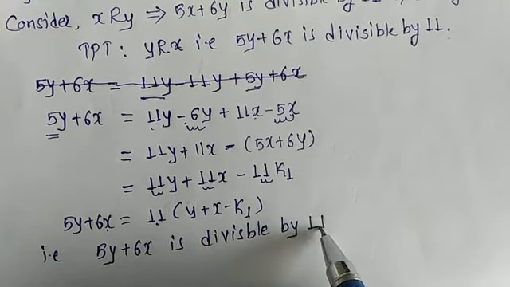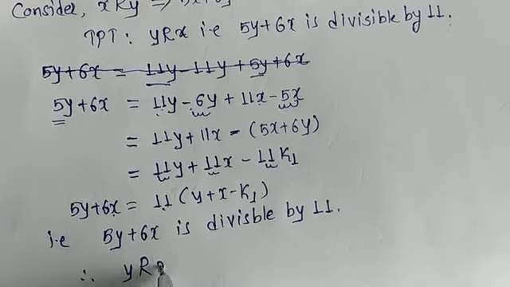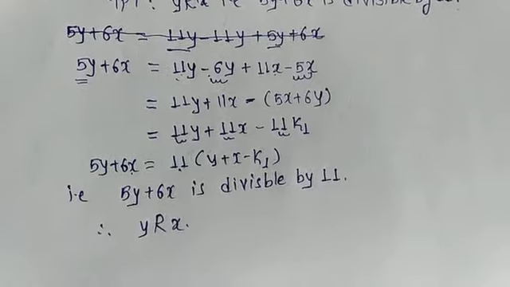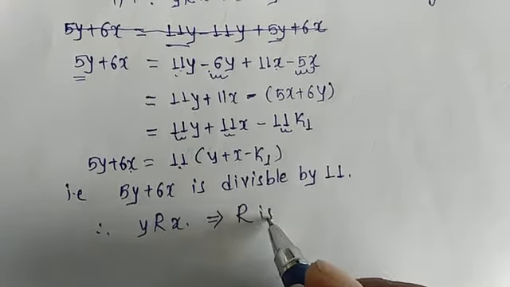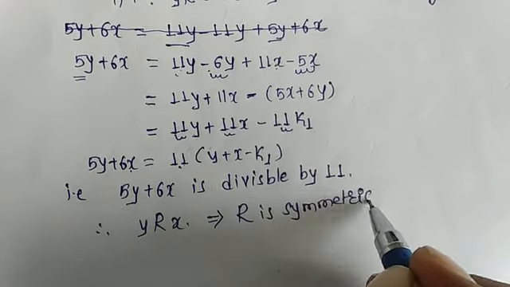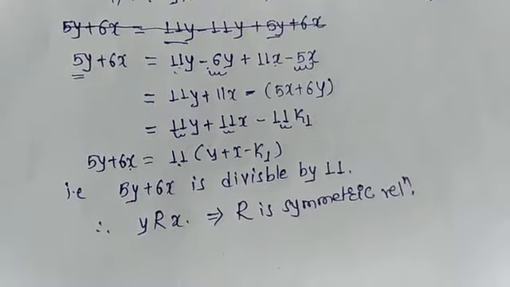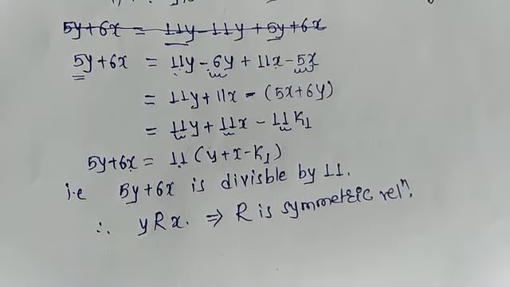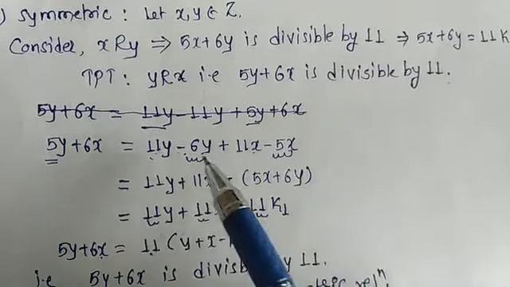Therefore we can say that y is related to x, which implies that R is a symmetric relation. So this is our second part which we have proved here. Only remember to take the adjustment.